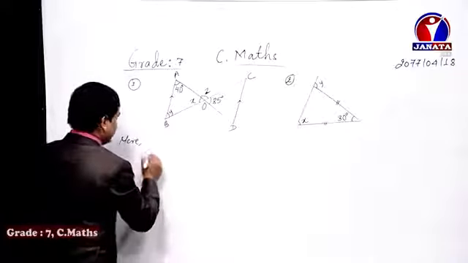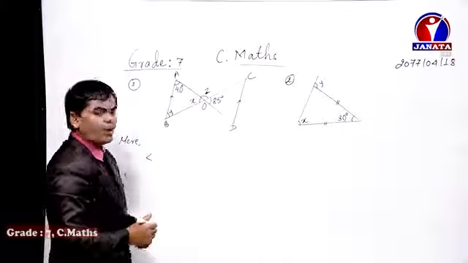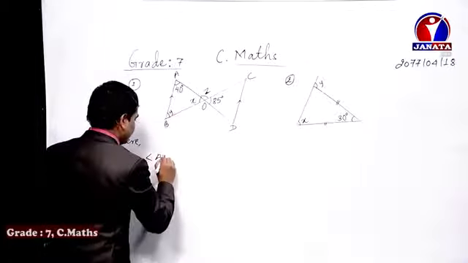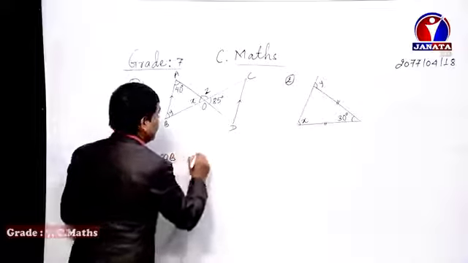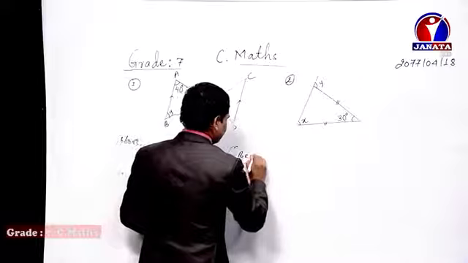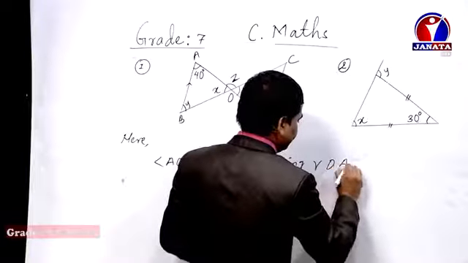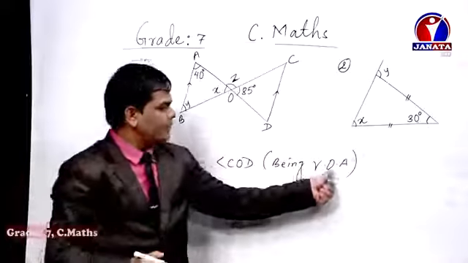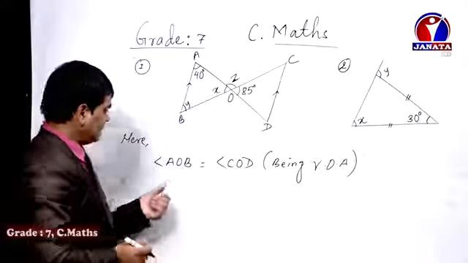So what is the name of this angle? If you write in the three letter form, angle AOB equals angle COD, and as the reason you have to write, being vertically opposite angles. In short form you can also write VOA, being vertically opposite angles.